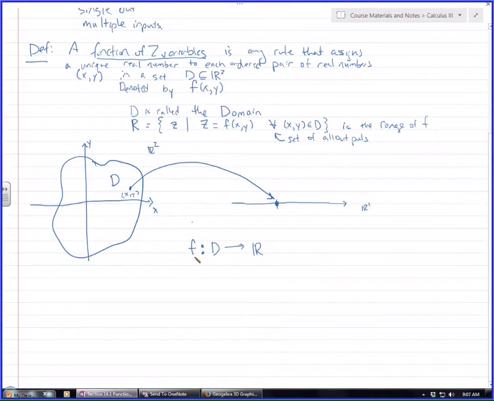You could also have, on the surface of a map, every point has a height, like an elevation. So at every coordinate, longitude, latitude, there is an elevation, and the elevation is the output of some function. Okay, we'll look at a few examples, but there's 4 ways to describe a function of 2 variables.